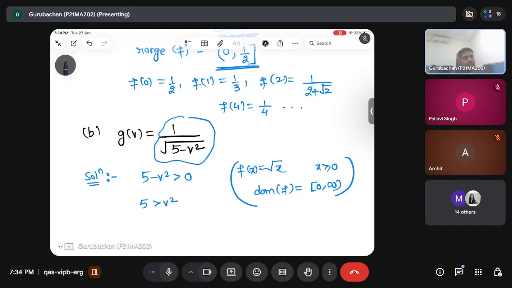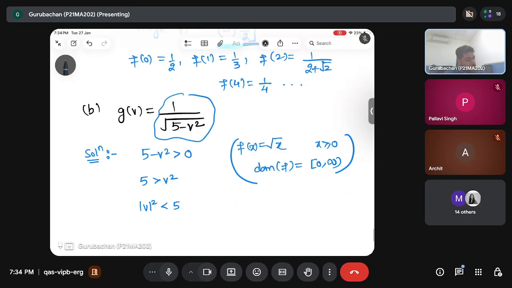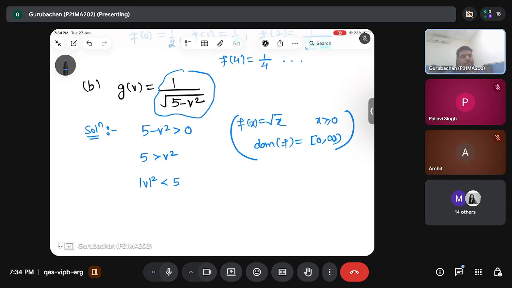Correct? So what will you write from here? Tell me. v square can be written as... can we root like this, or the best way around is this one.